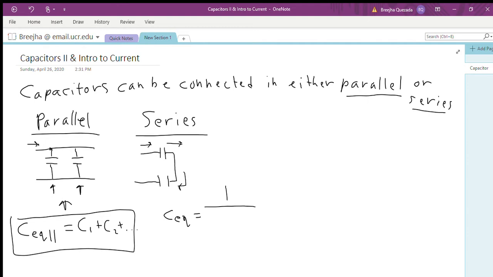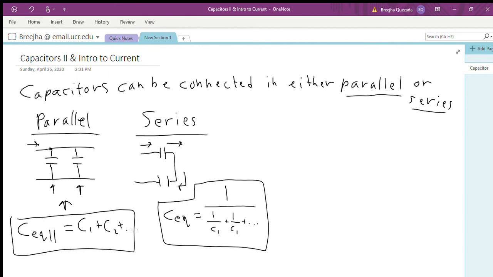So that means 1 over C1 plus 1 over C2 plus dot, dot, dot. These are the two formulas that we use to combine multiple capacitors into a singular equivalent capacitor. Definitely more information in the lecture videos. He goes into it in a lot more detail, and we can also go through it in session if you have any questions.